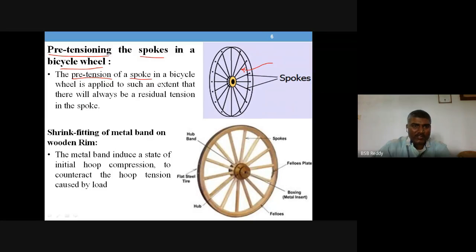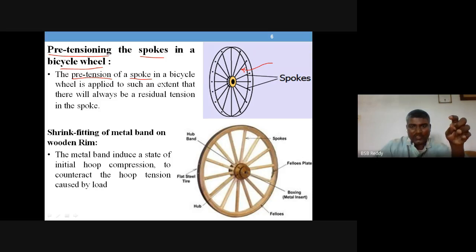Okay, so that is done by just screwing it. The spokes will be screwed into this outer rim, so that you pull the spoke by screwing it into the threads provided in the rim, right?